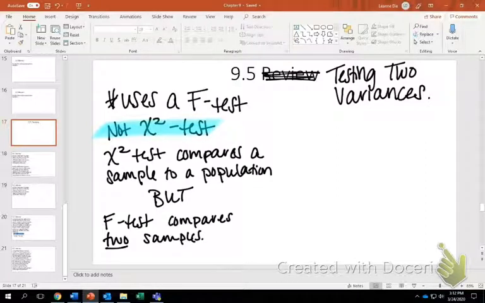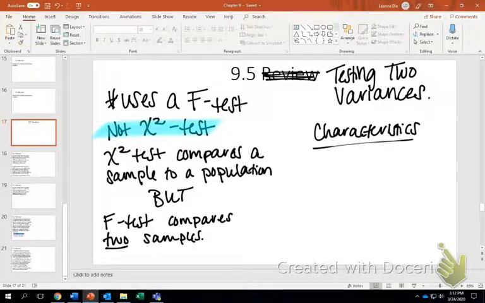Okay, and I'll show you how to use the F test in a second. There are some characteristics that I do need you to know. One thing you need to know is that you cannot have a negative F. So F cannot be negative. All right.